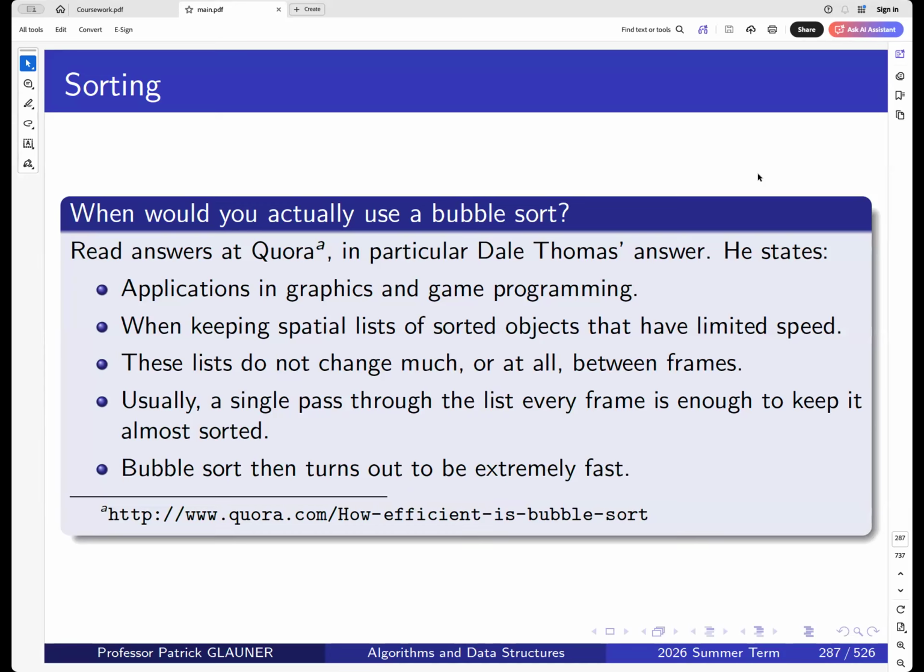So the inner loop, you do a few passes on the data, generate the frame, and then run another few passes. And so bubble sort is helpful for data sets that are almost sorted, or where you quickly need to bring in some order and maybe a little bit later bring in order again. And this was argued on the internet, and that bubble sort would be very helpful for this kind of stuff.